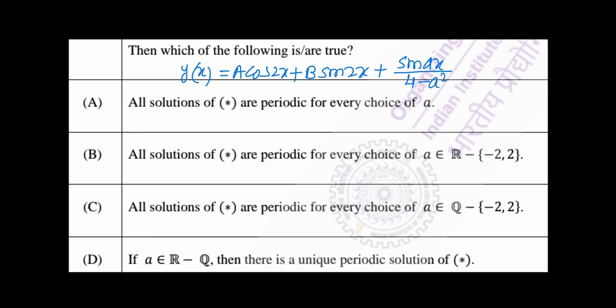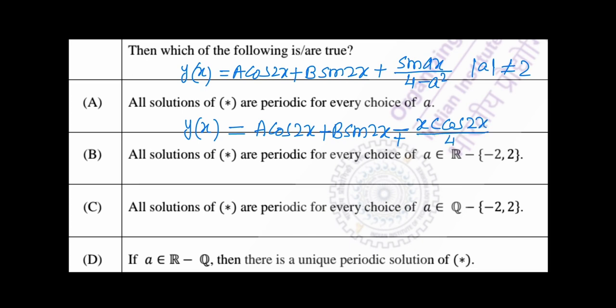This solution is valid when mod a is not equal to 2, and when mod a equals 2, then the solution is a cos 2x plus b sin 2x minus, there is minus plus, I think this is the thing, x cos 2x by 4, when mod a equals 2.